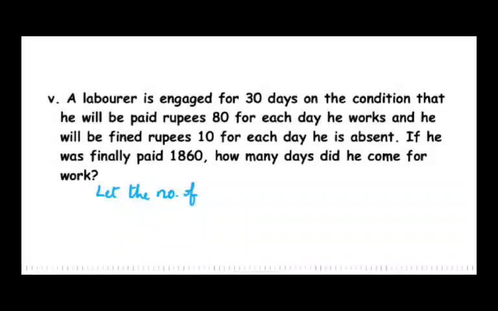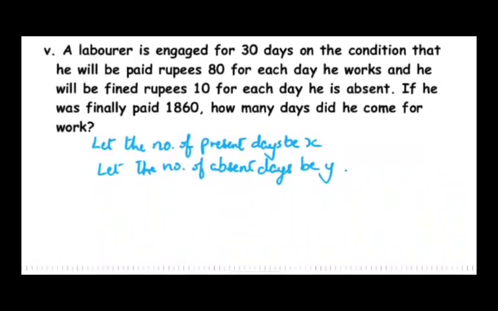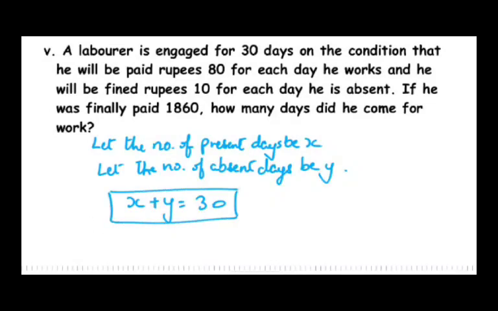Let the number of present days be x, and let the number of absent days be y. So x plus y is equal to 30, correct?